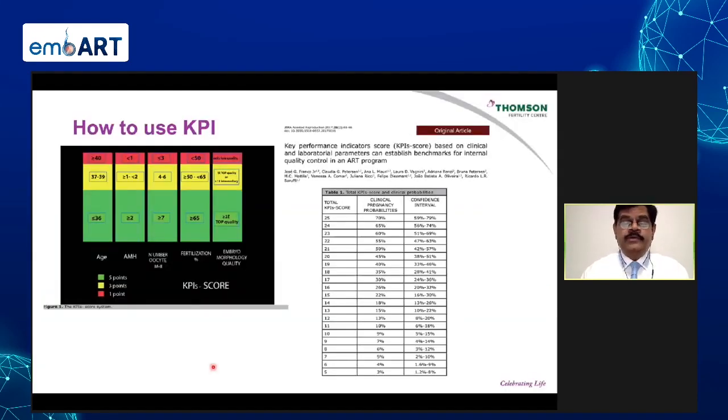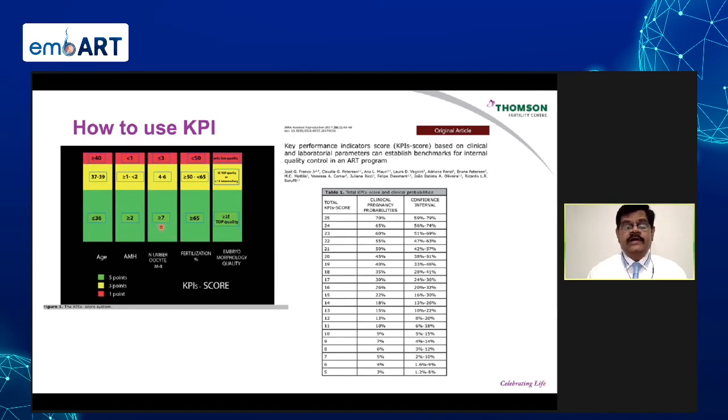So this paper, published in 2017, shows that this particular center has developed a KPI score, where if the age is less than 36, the patient gets 5 points, right? And AMH more than 2 gets another 5 points.